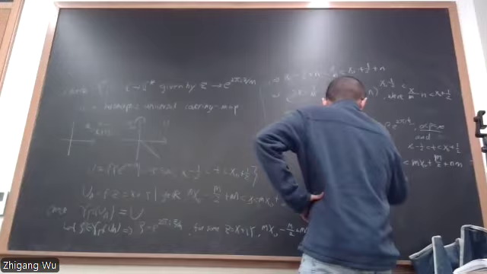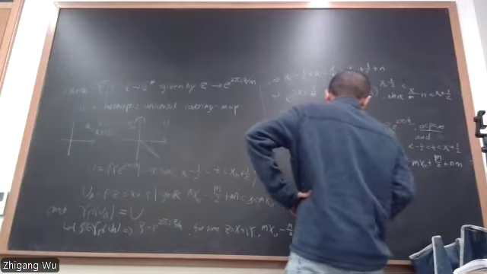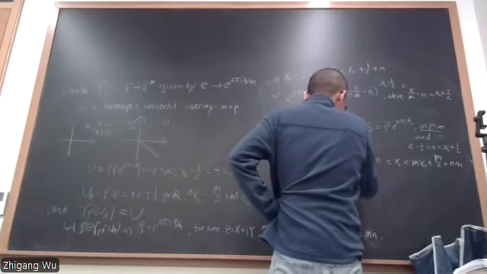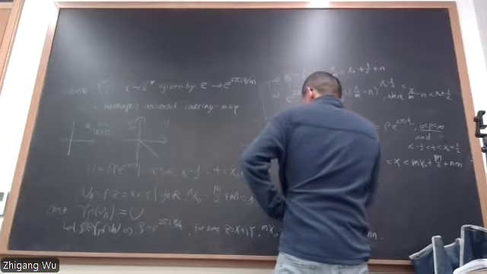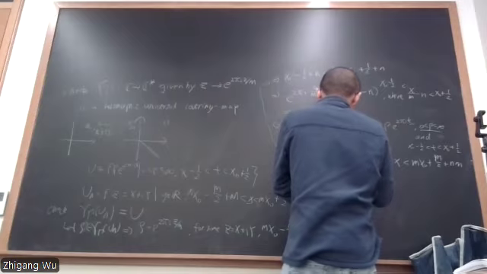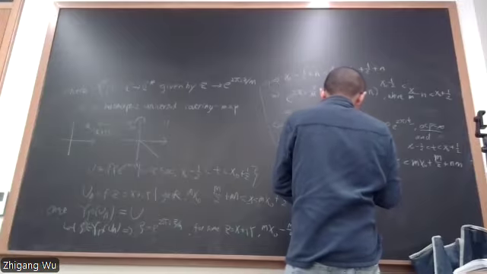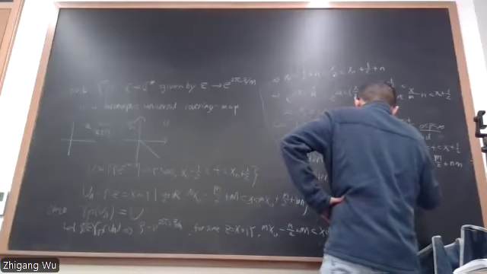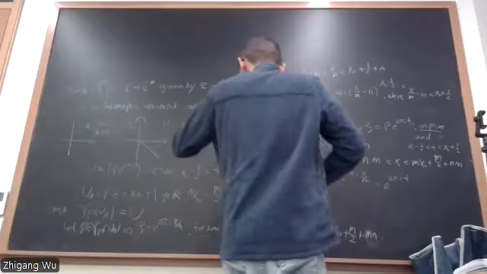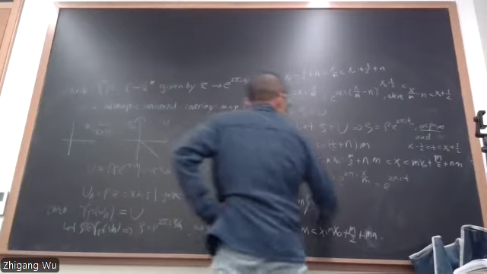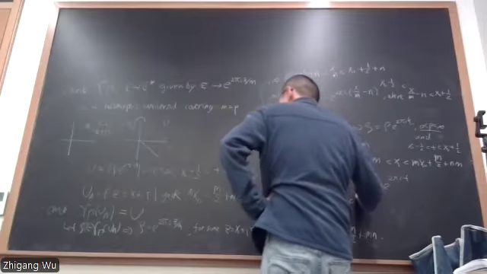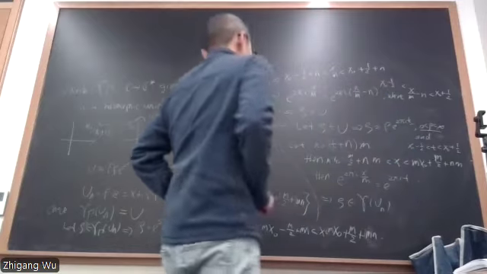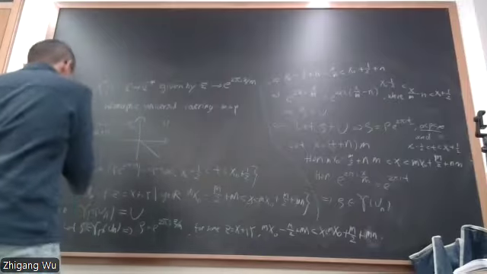So e to the 2 pi i x over m is exactly e to the 2 pi i (t plus n), which is exactly the same as e to the 2 pi i t, because this n is just some integer. Okay. So this implies that theta is okay. So we show that.